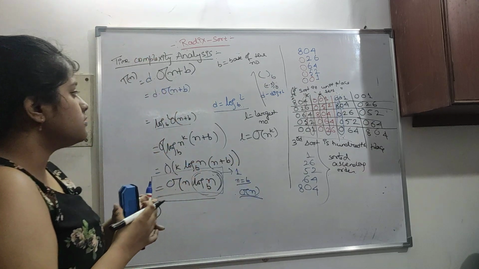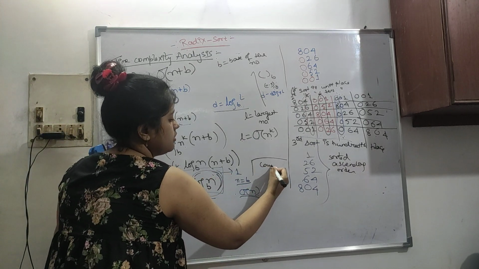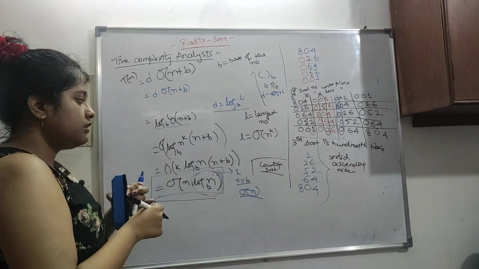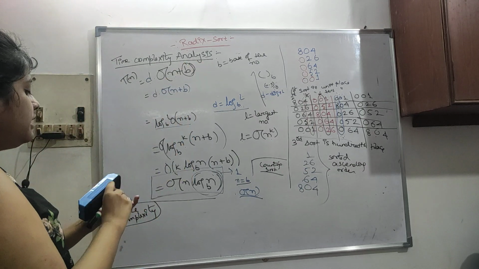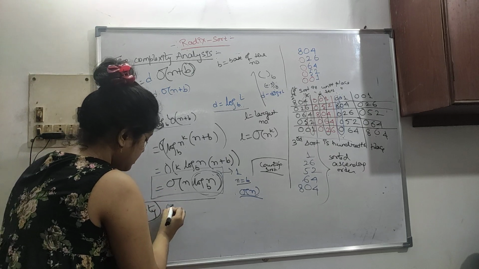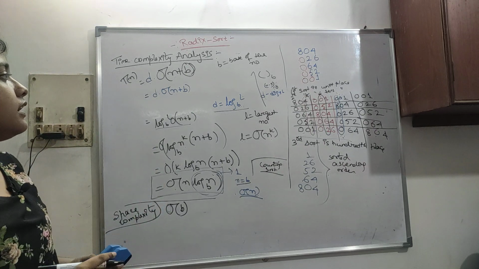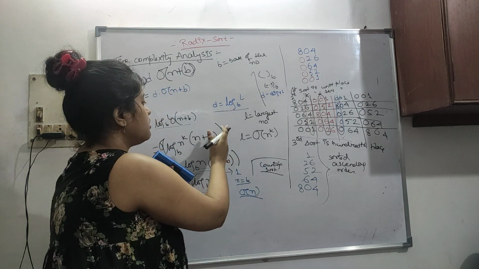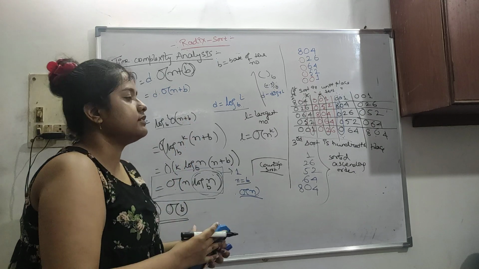Here the range is known, so we are using counting sort. So only the base will be the extra space needed, and the space will come down to order of b. The base is the extra space needed.